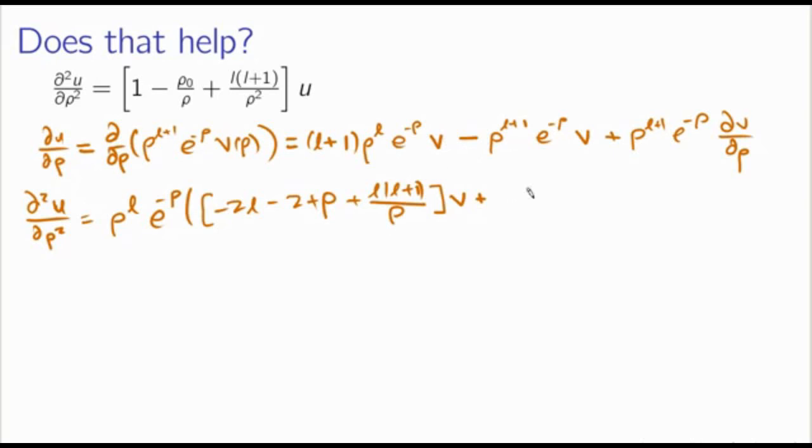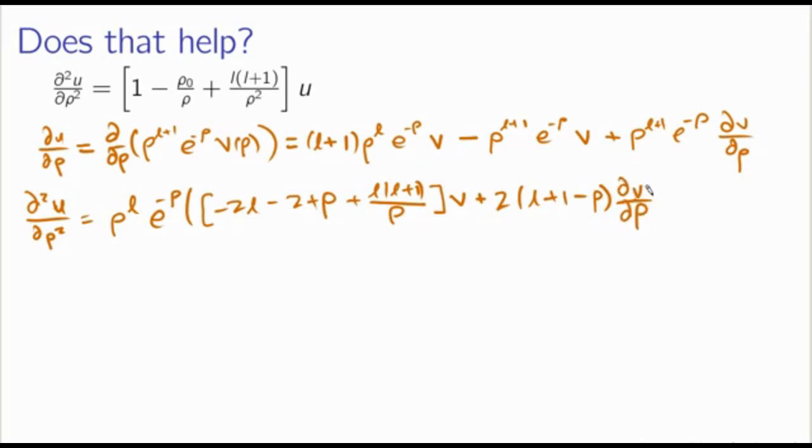We also end up with terms that have first derivatives of v from only allowing one of the two derivatives to act on the v of rho. And those terms end up looking like 2 times the quantity L plus 1 minus rho times just the first derivative of v with respect to rho.